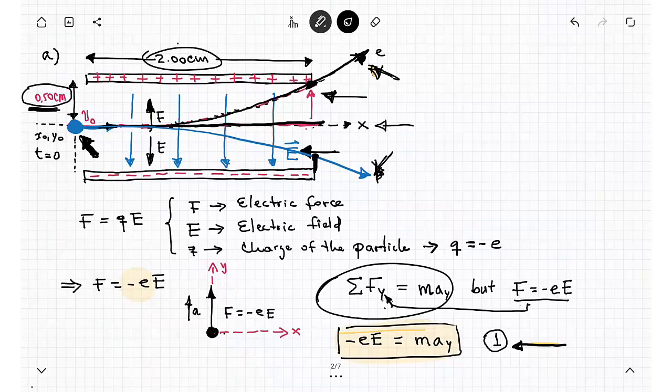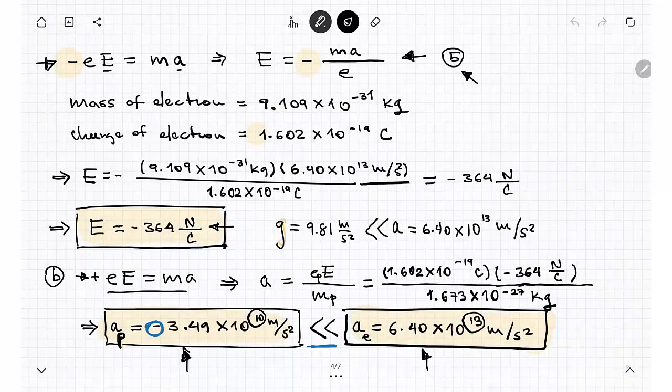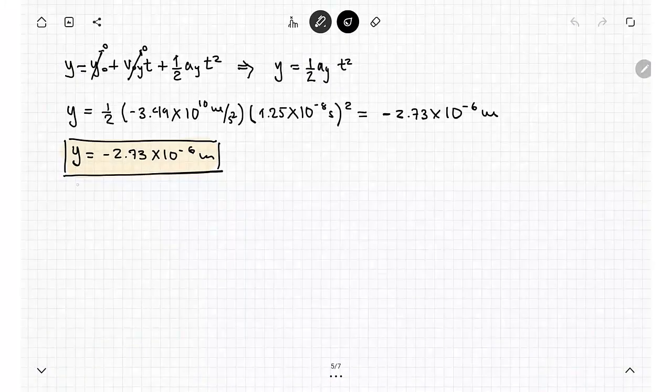Because the electron has negative charge, the proton has positive charge. They have different paths and opposite directions. So we already answered that question. The displacement of the proton is this. It's something really small in comparison to the displacement of the electron.